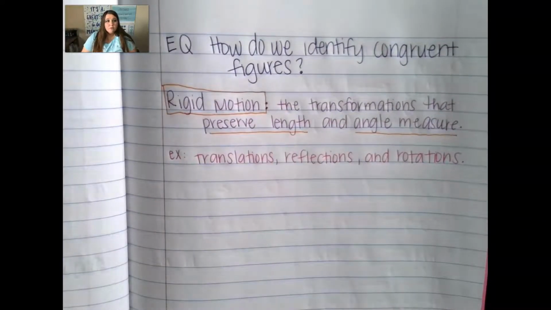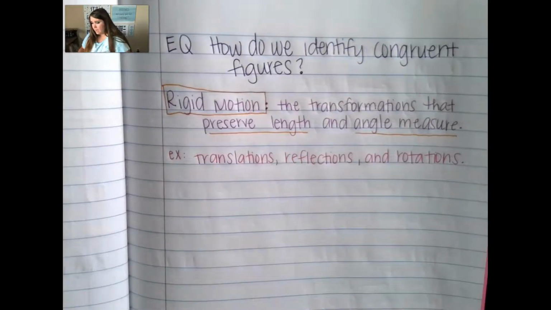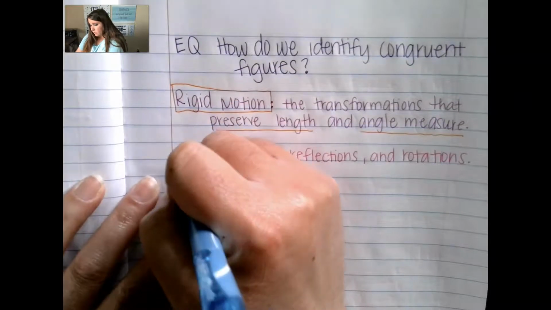So congruent figures can be created from rigid motions. Congruent figures have the same size and the same shape. So our next word is congruent figure.